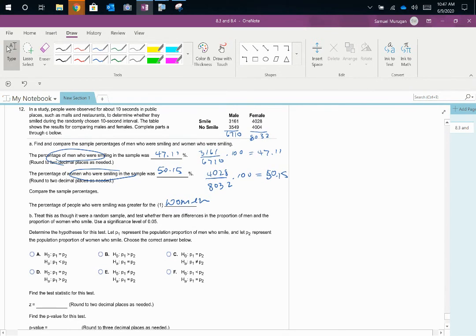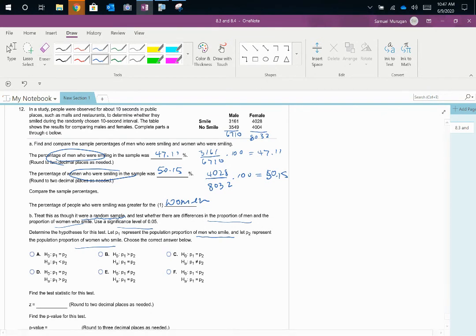Now treat this as if it were a random sample. So they're telling us that the condition is met, and test whether there are significant proportions of women, men and women, who smile, significance level 0.05. In other words, we're testing to see smile or don't smile for women, and for men and women, sorry.